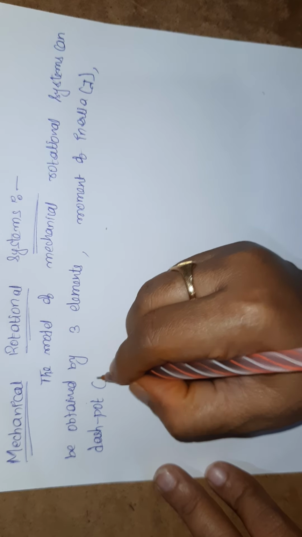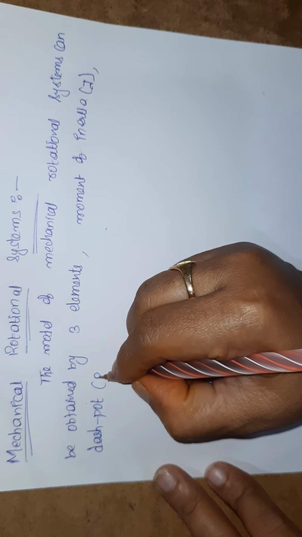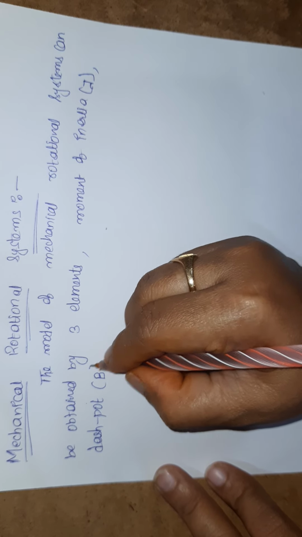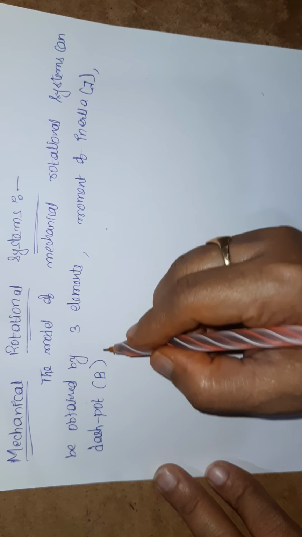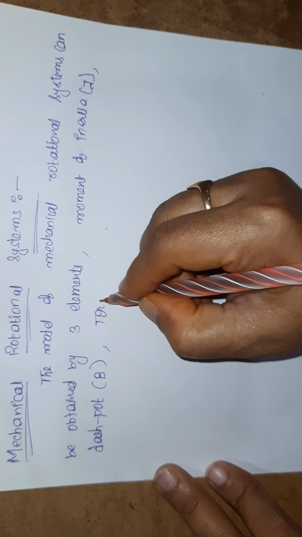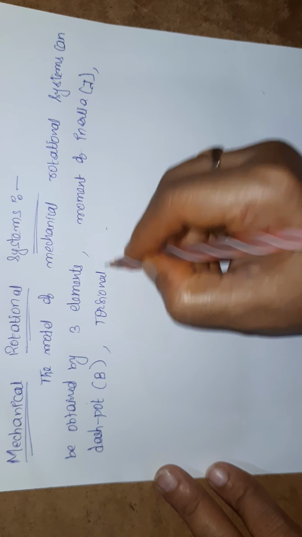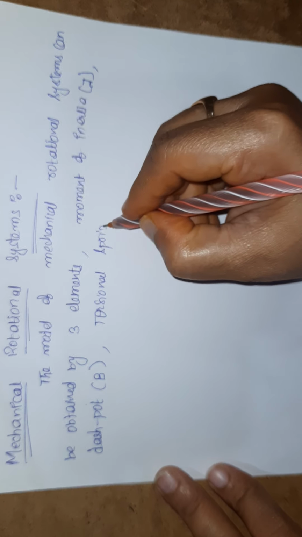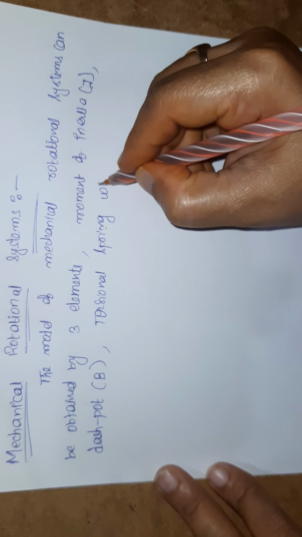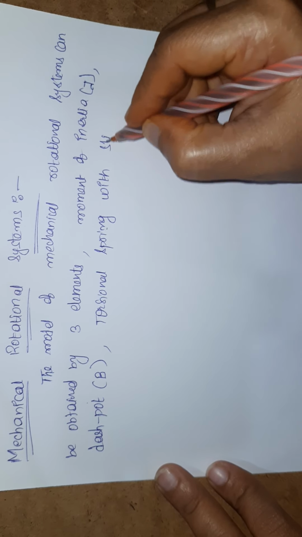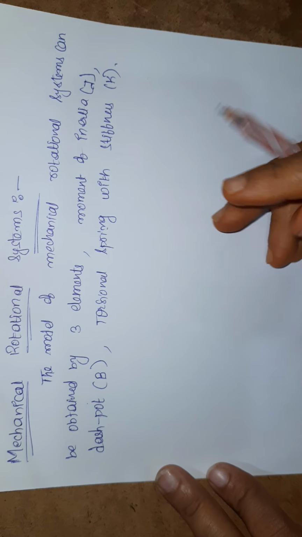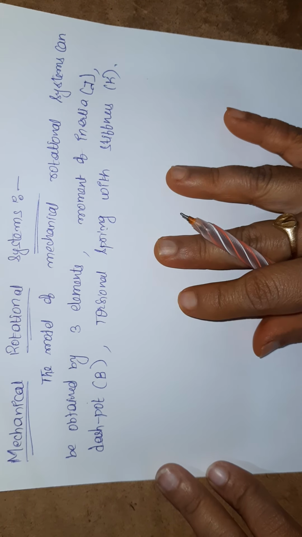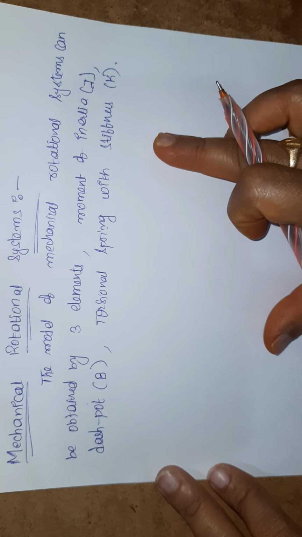The dashpot, which has a rotational frictional coefficient, is represented by capital B. And the third one is the torsional spring, having stiffness, represented by K. There we have MBK. Here we have JBK.